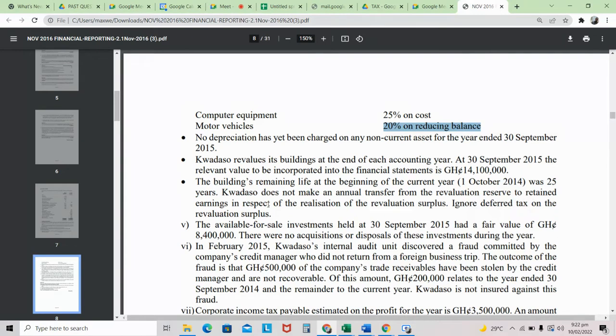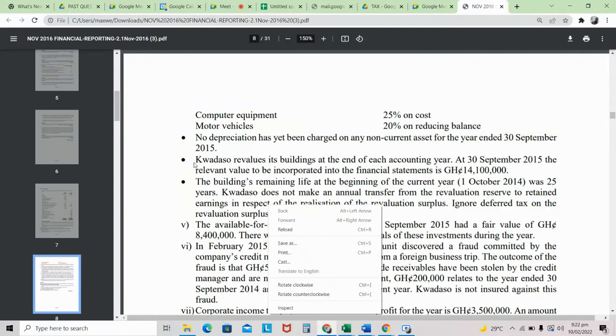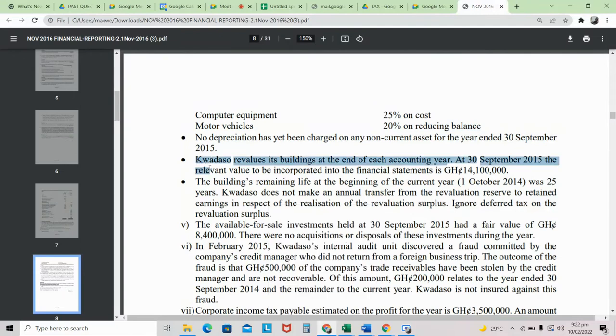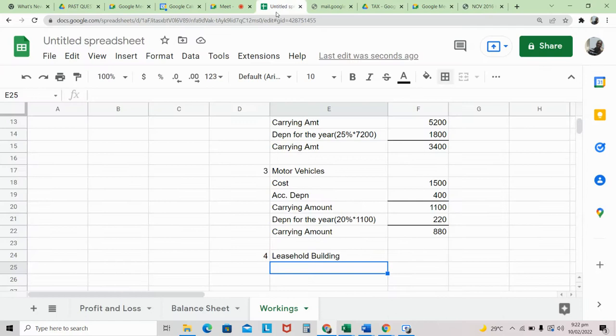Okay, so this note is telling us that the building is carried at revalued amount. According to IAS 16, you can use the cost model or the revaluation model to carry PPE in your books.